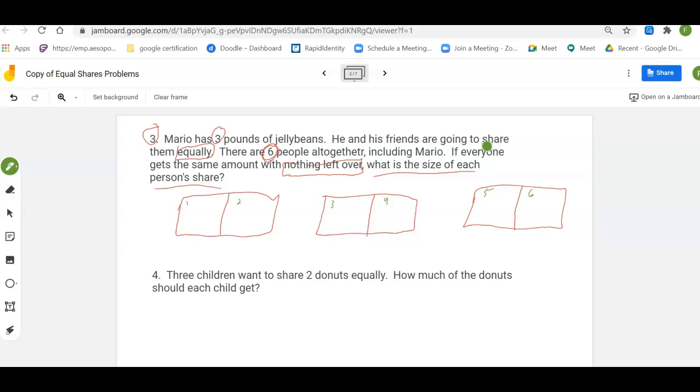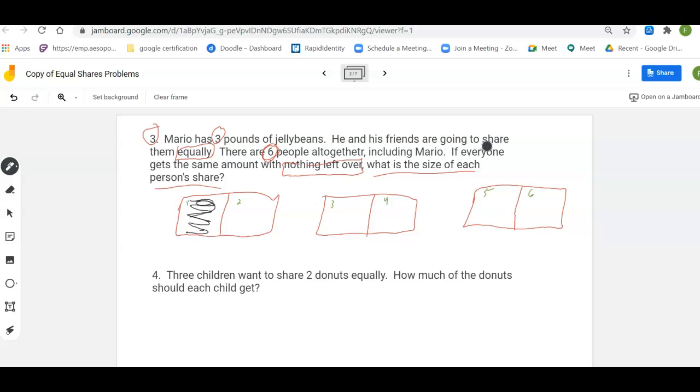All right. So if everyone gets the same amount with nothing left over, what is the size of each person's share? Well, there's 6 people. I got 6 equal parts. That seems like a pretty simple number right there. I'm going to shade in what one person would get. So one person would get that, another person another, another person another.